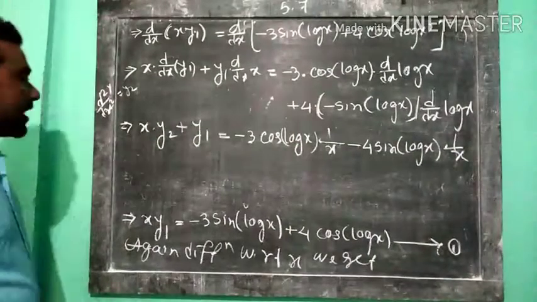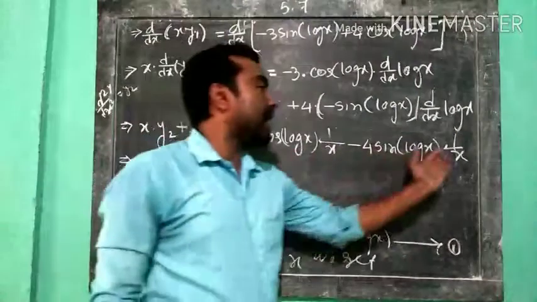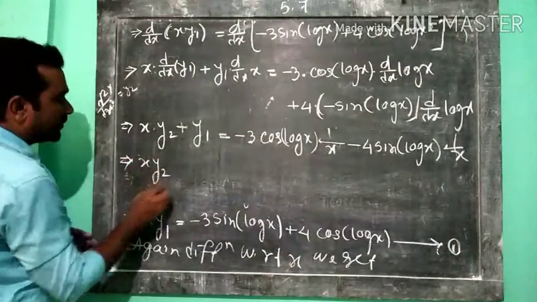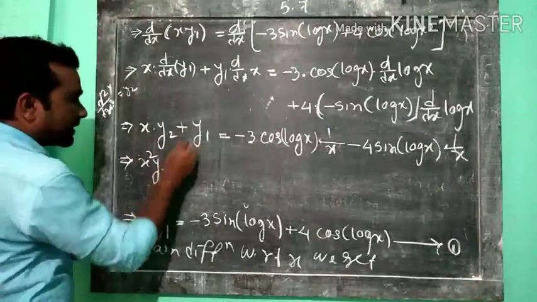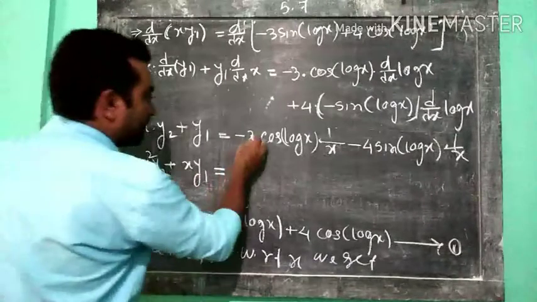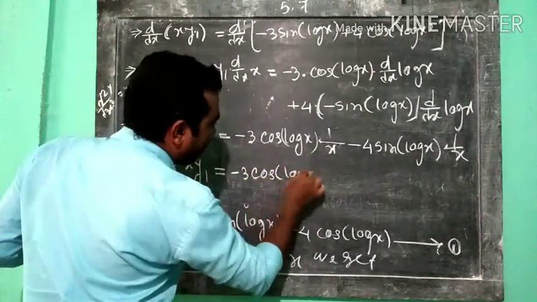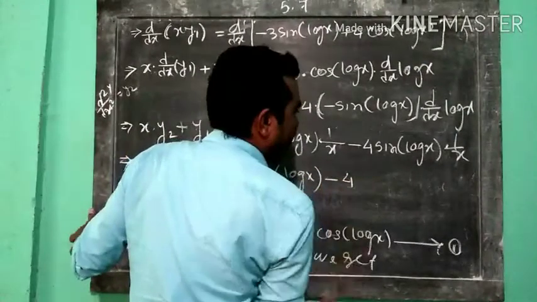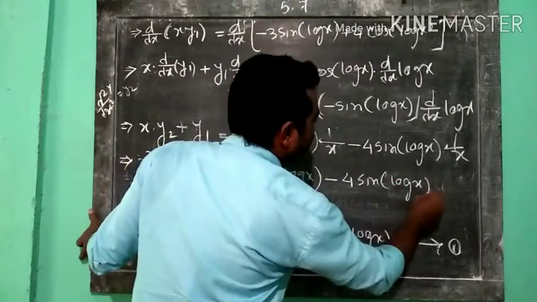So if we multiply both sides by x, we get x squared y2 plus x y1 equal to minus 3 cos log x minus 4 sin log x.